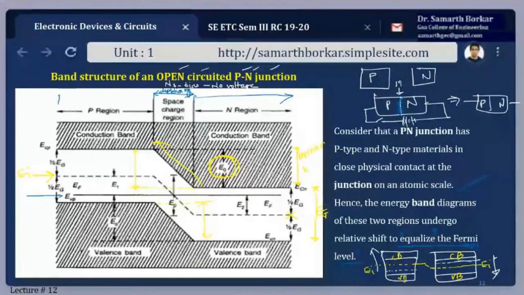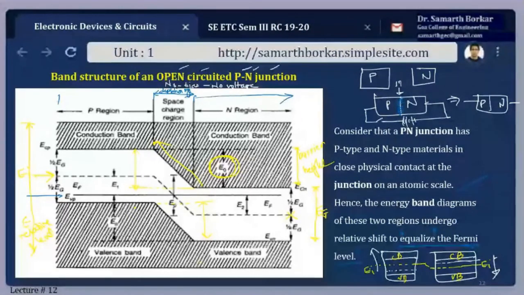And here we are talking in terms of relative energy level. So if the electron has to move from the conduction band of the N region to the conduction band of the P region, then it has to overcome this much of energy. And we have calculated it to be 0.7 for silicon and 0.3 for germanium.